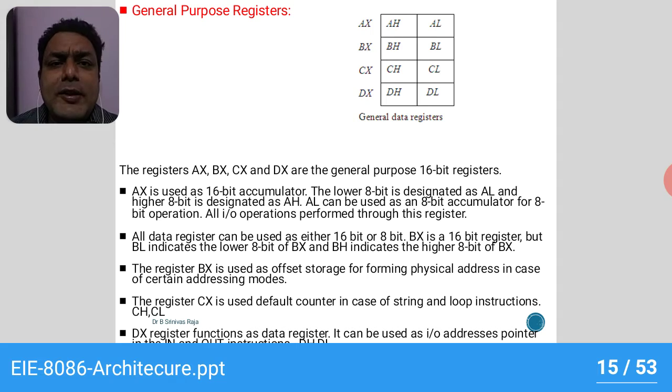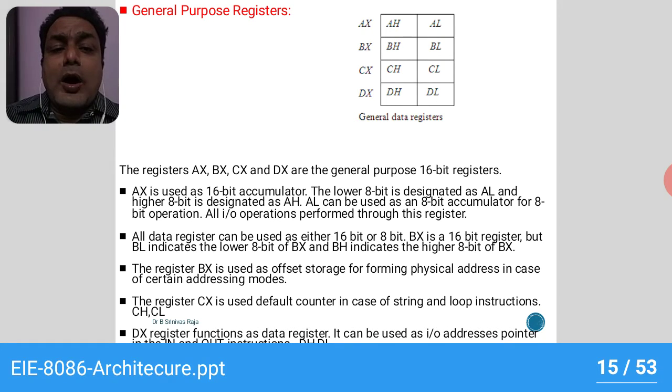So when you are dealing with the addresses, BX register is used for storing of the address. CX register is used as default counter in case of string and loop instructions. And DX register is used as data register. It can be used as IO address pointer in the IN and OUT instructions.